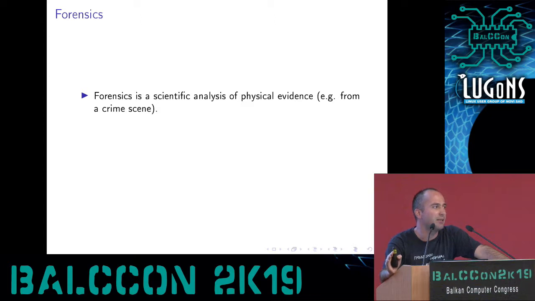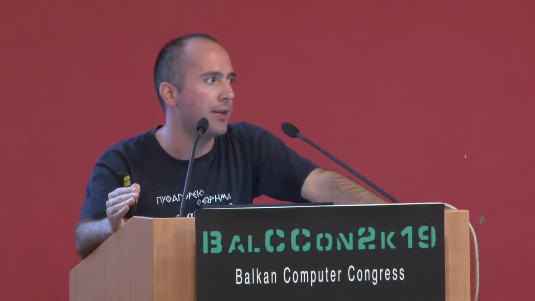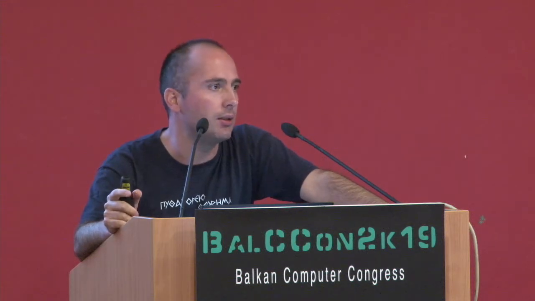What does scientific analysis mean? Can you try to answer that question? So that basically means that we have to follow the scientific method. We have to put forward some hypothesis and then test that hypothesis using accepted scientific methods.